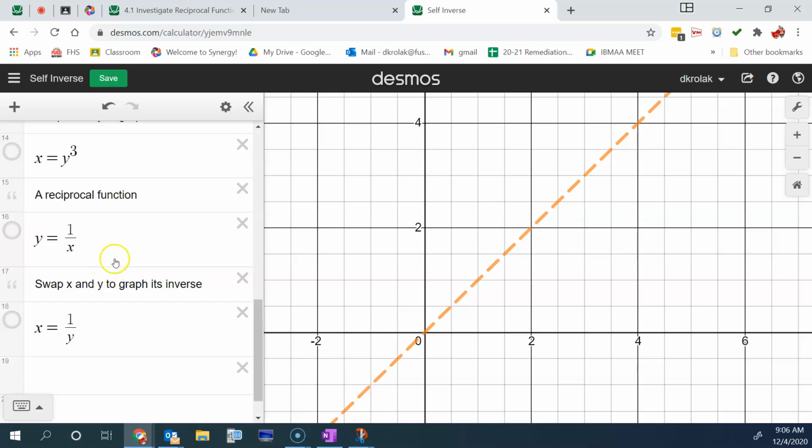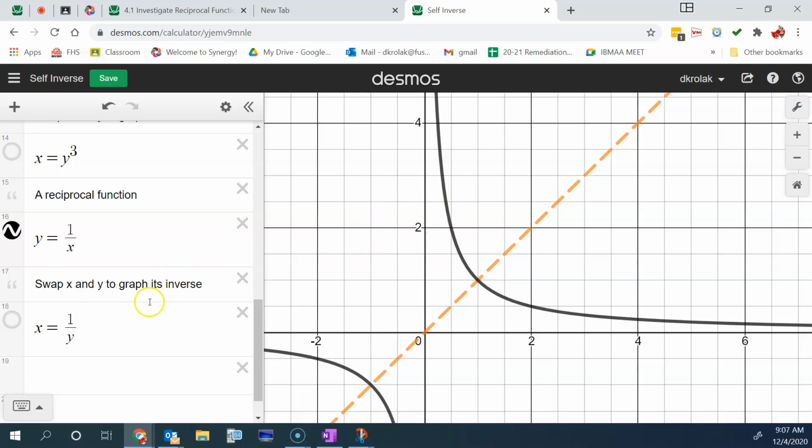Now I'm going to do a reciprocal function. And what's its inverse going to look like? You ready? So a reciprocal function is its own inverse. They're the exact same thing. So we call that a self-inverse.